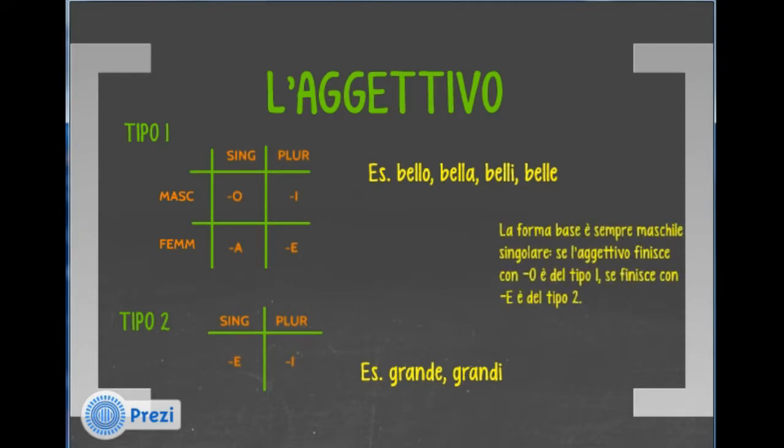In order to understand which is the type, you always must look at the base form. The base form is masculine singular. If the masculine singular ends with o, in that case it is an adjective that belongs to the first type. If the base form, masculine singular, ends with e, in that case the adjective belongs to the second type.